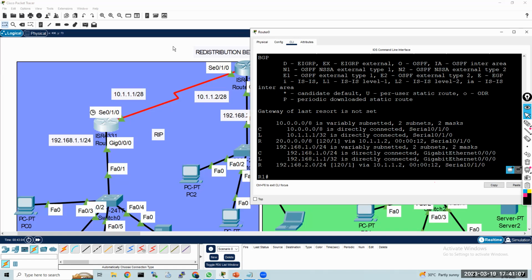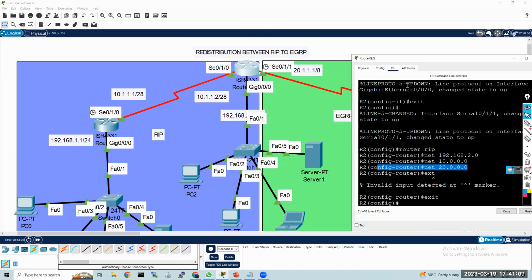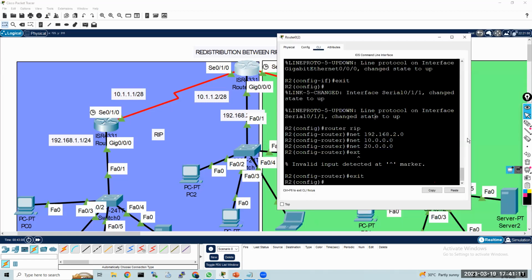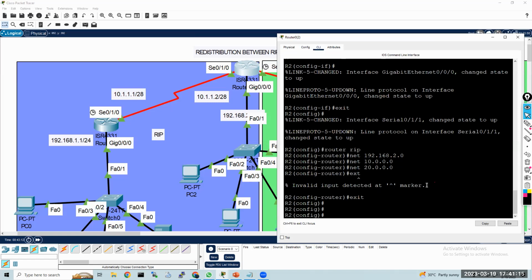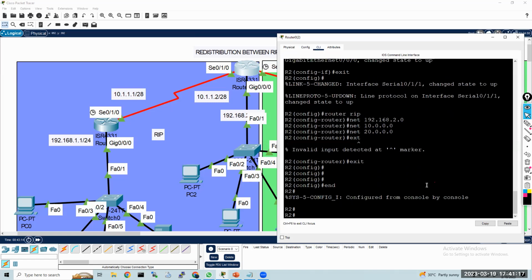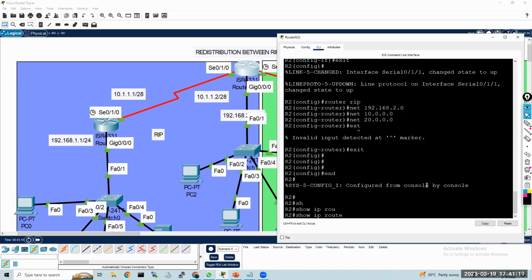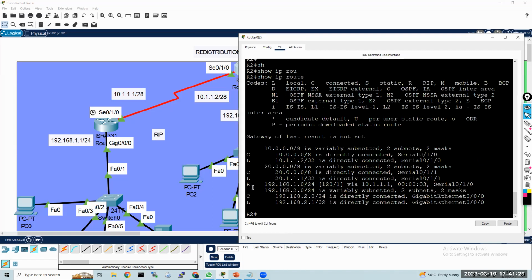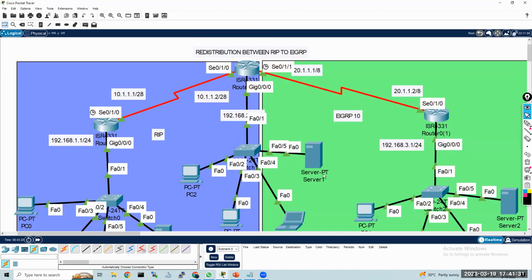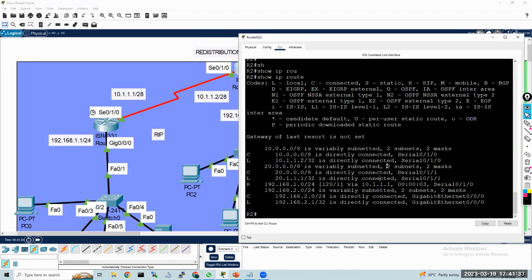Let's check the center router. Show IP route. So 1 network he has learned. You can see R means 1 network. In the middle router, we are going to configure the redistribution lab.